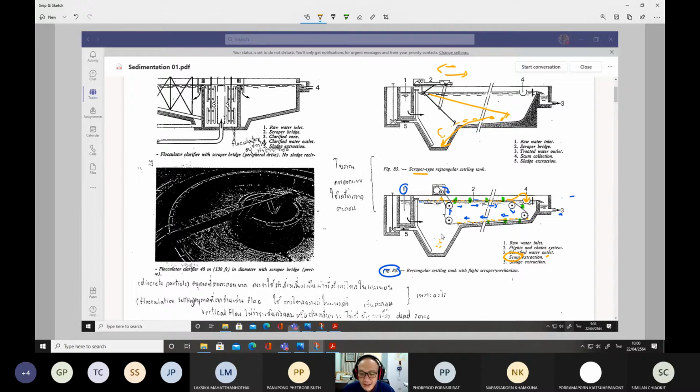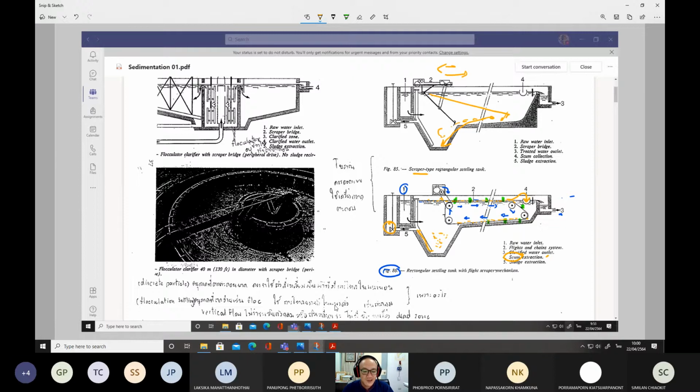After being collected, if the amount of sludge is higher, there are suction pumps bringing this sludge to the sludge treatment facilities again. So this is how we operate the rectangular settling tanks.